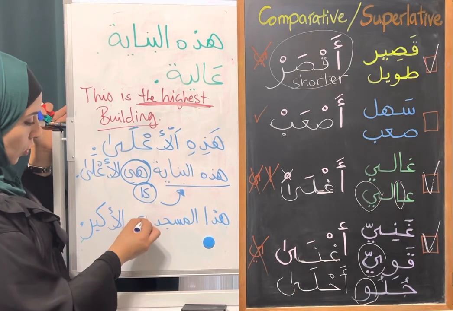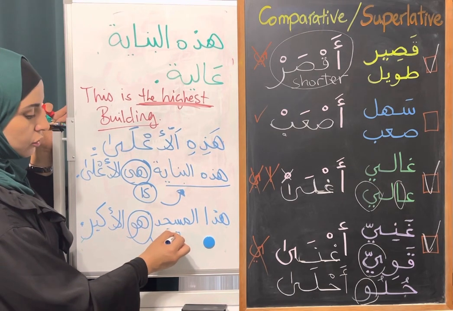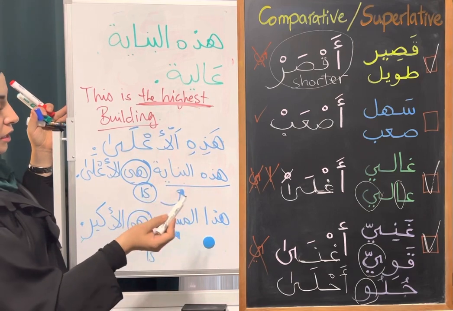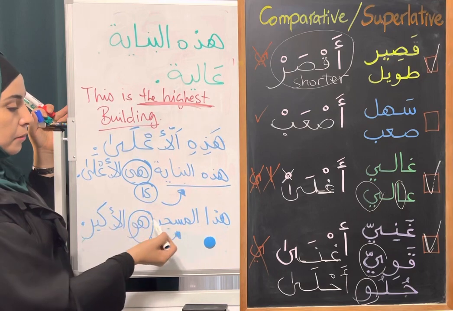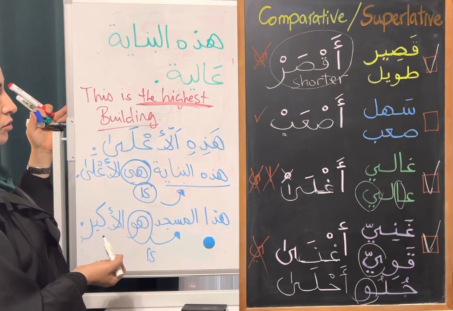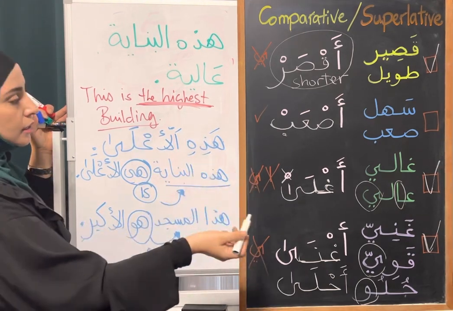Over here, هو is masculine because it refers to masjid. But if I'm saying this building is higher than this masjid, I can say هذه البناية أعلى من هذا المسجد. ولكن هذه البناية هي الأعلى. But this building is the highest.